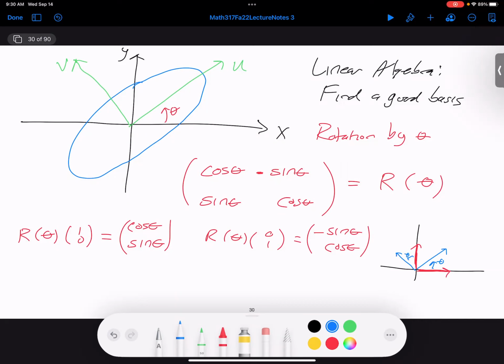And so this is a really nice way of representing what goes on. With a little bit of work, I can write things down in UV space, solve the equation of the ellipse there, and then come back to XY space. Or conversely, I can start with something in XY space, convert it to something in UV space, I know the equation there, and I can come back.